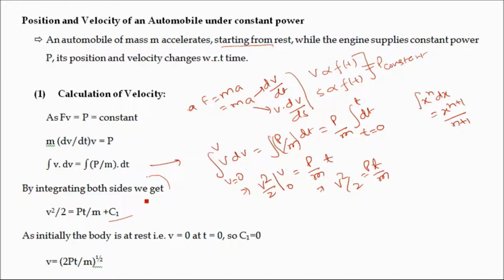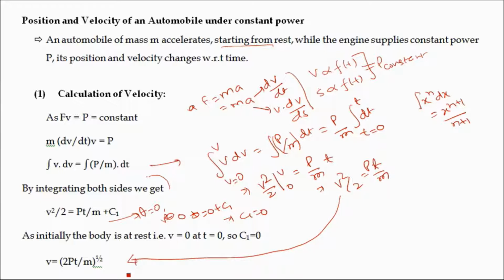So we get the same value from both ways: 0 plus 0 is equal to 0 plus c1, so c1 is 0, and v square is equal to 2Pt by m.